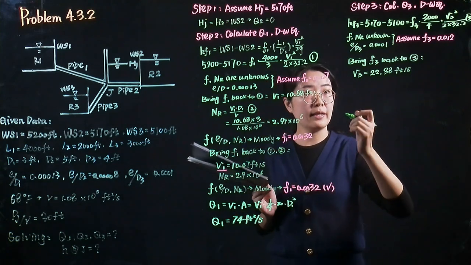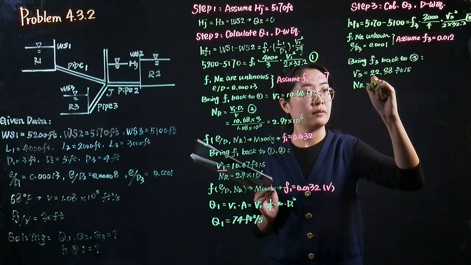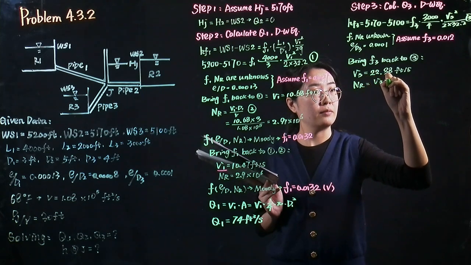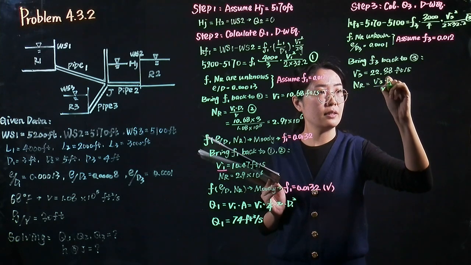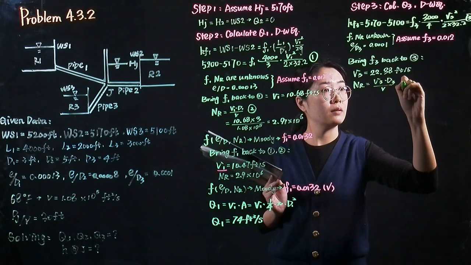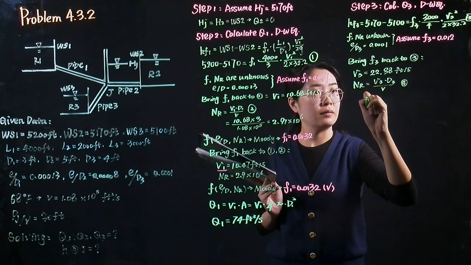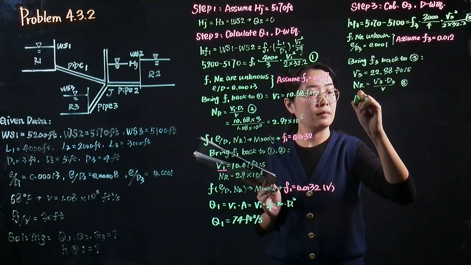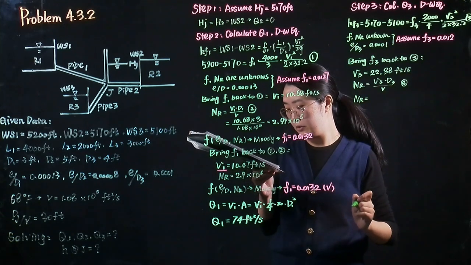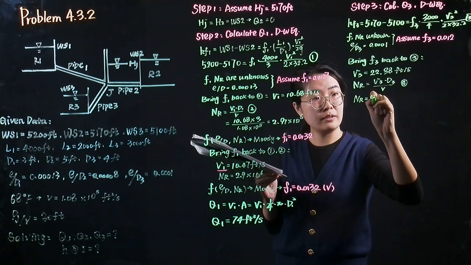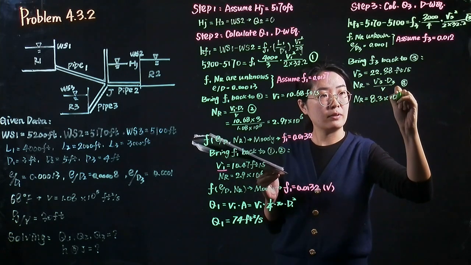And then we can calculate the Reynolds number, velocity times diameter over kinematic viscosity. The Reynolds number equals 8.3 times 10 to the power of 6.